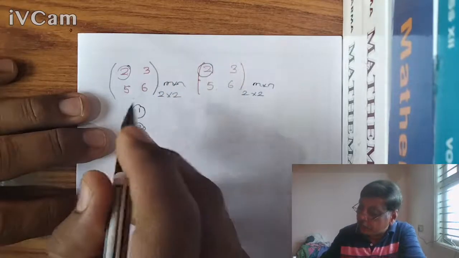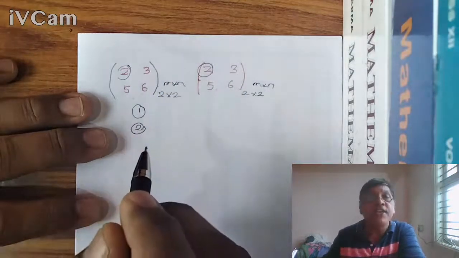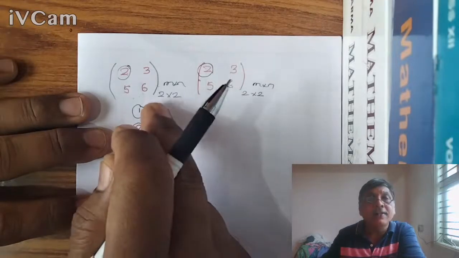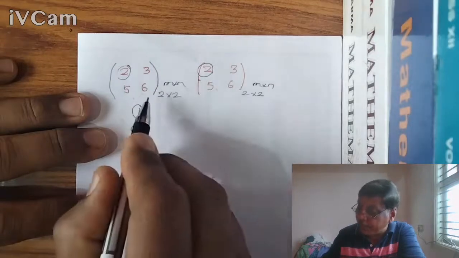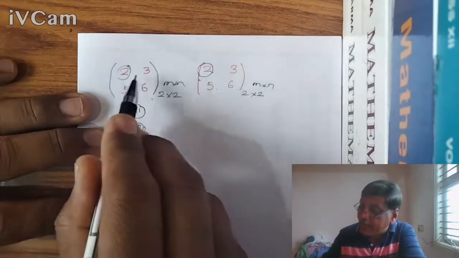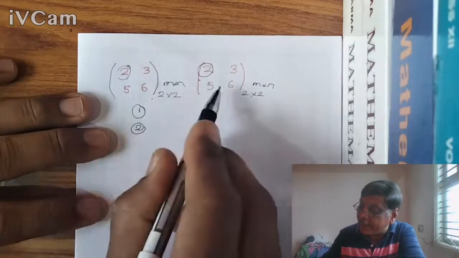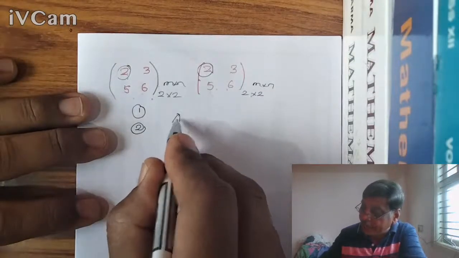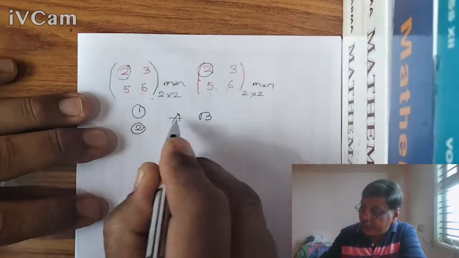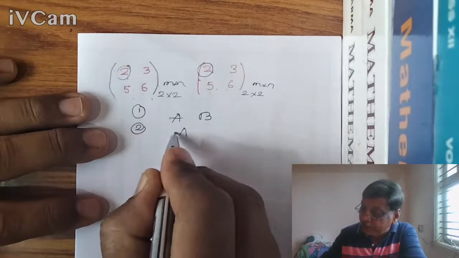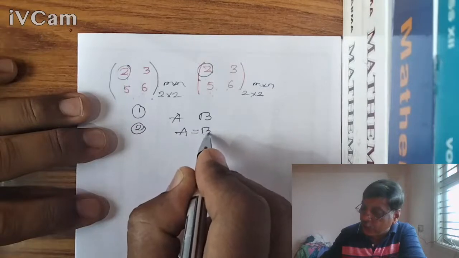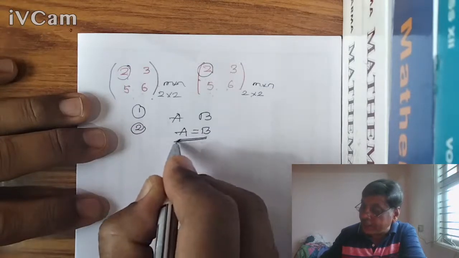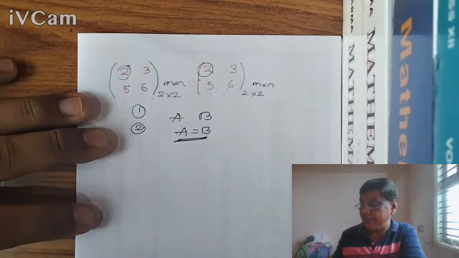So this is the definition of equality of matrices: two matrices are said to be equal if their orders are the same and corresponding elements are the same. If A is a matrix and B is a matrix and they are equal, then we write A equals B. Symbolically we represent two equal matrices like this.